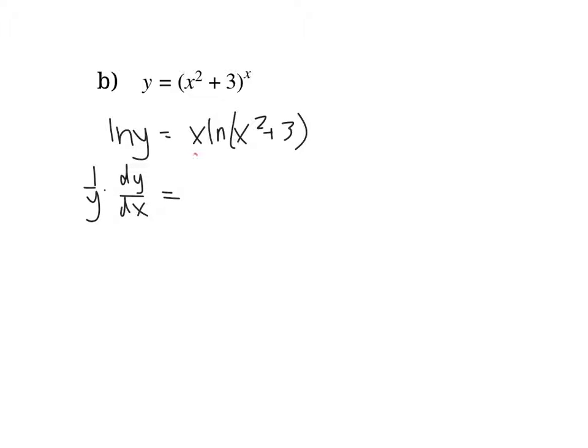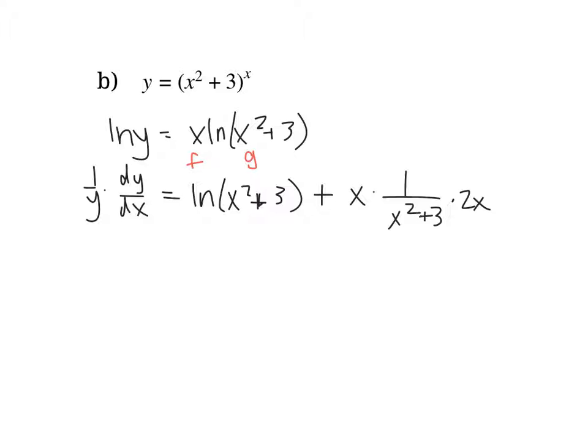If this is f and this whole thing is g, we need to take the derivative of the first, which is just 1 times ln x squared plus 3, and then plus the first, which is x, times the derivative of the second. And the derivative of the second is just going to be 1 over x squared plus 3 times 2x.